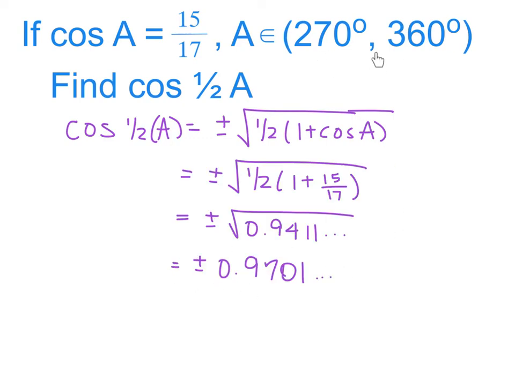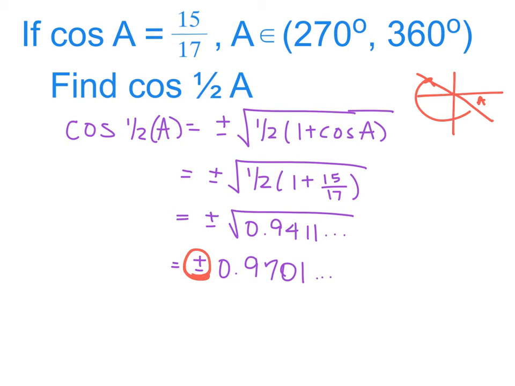Now, because I'm given this very specific set of information that tells me I'm in quadrant 4, that's going to help me whittle down between plus or minus. If angle A is in quadrant 4, that means if I take half of it, it's not going to be in quadrant 4 anymore. That's going to be in quadrant 2, so it's going to move up there.